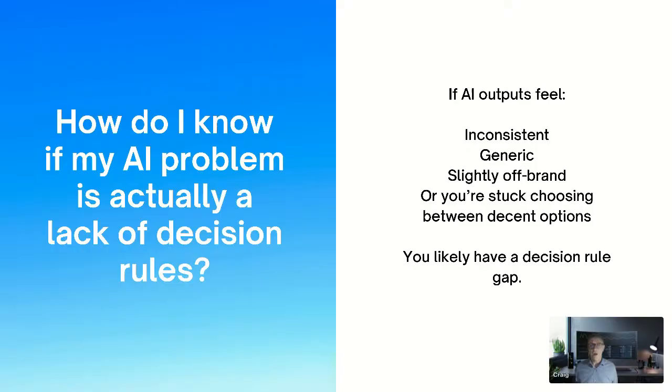If you look at 2 AI outputs and think, gee, they're both fine, but which one should I use? That's not a prompt issue. That's a standards issue. AI doesn't know what wins in your business. You haven't told it, so it's going to give you what it thinks on average is the best answer.